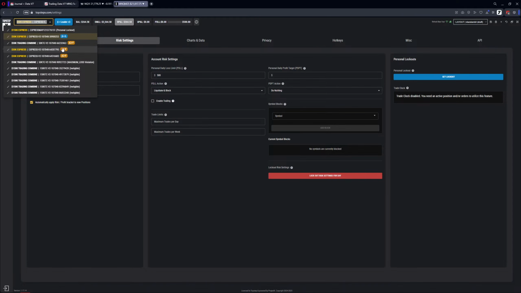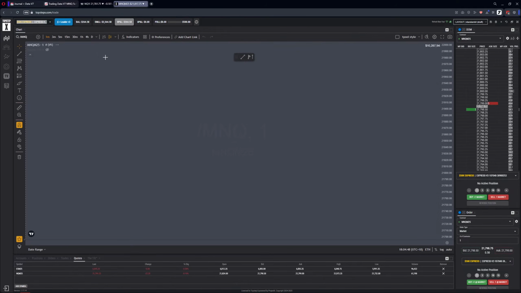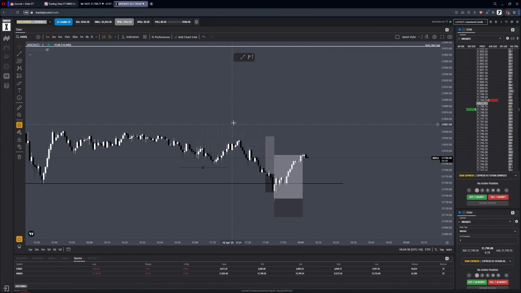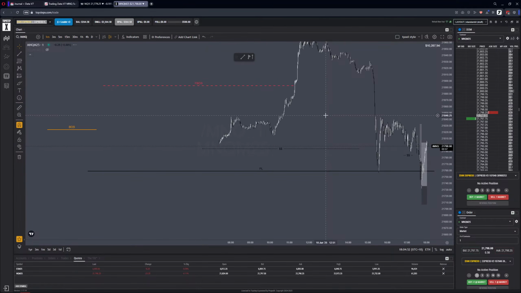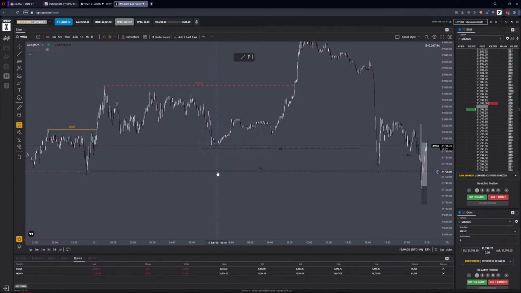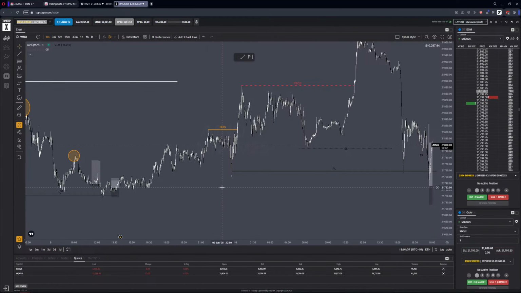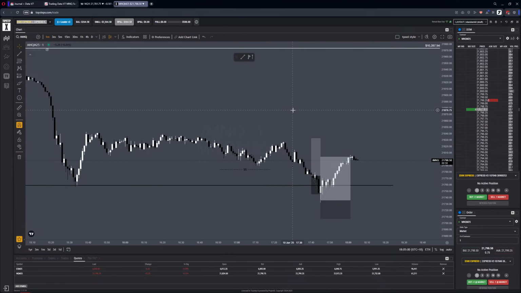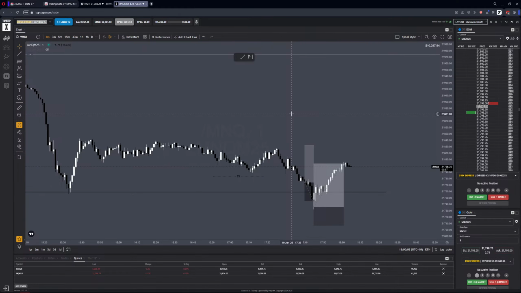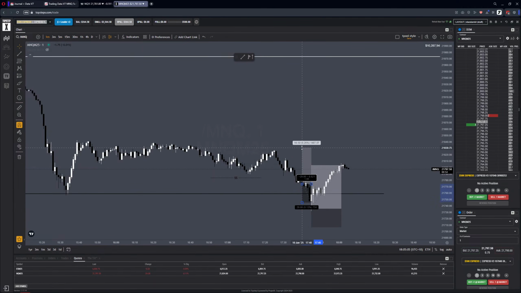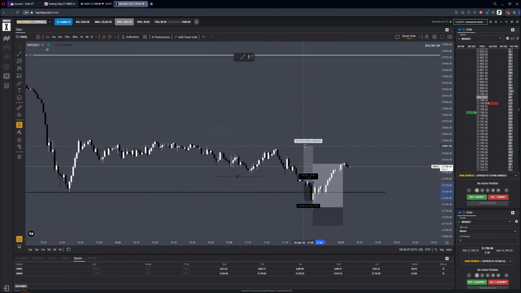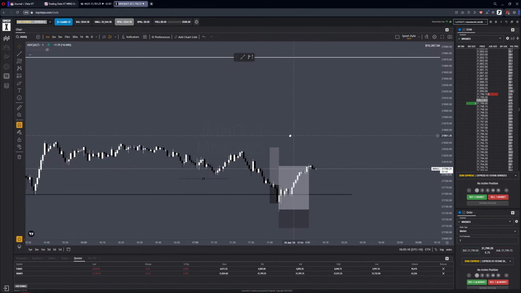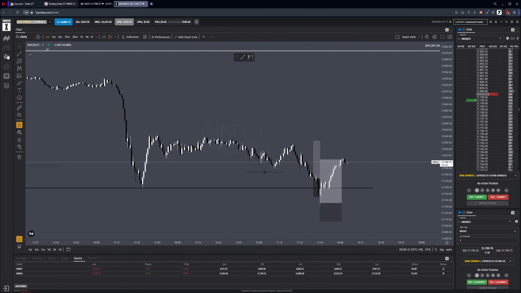Hello chat, so 2 trades have been done. Two trades have been taken on the XFA.